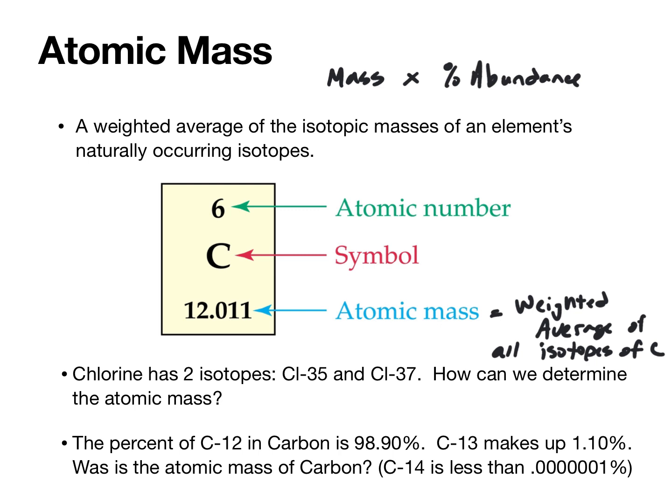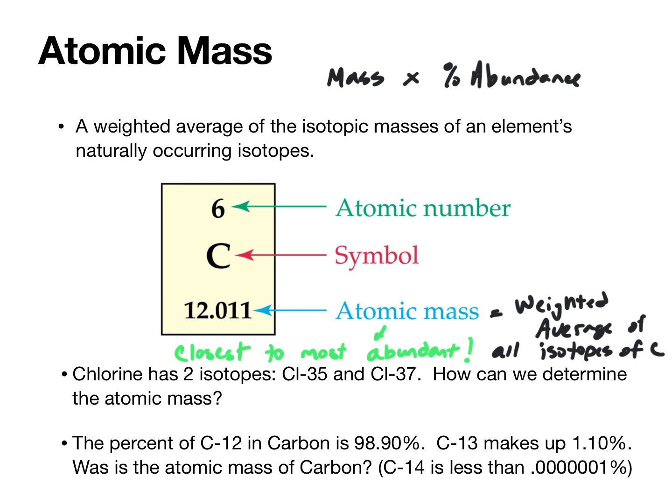And you will always be given the percent abundance data or be given the means to find the percent abundance data. So you don't ever have to worry about guessing at what isotope is more abundant. But what you'll notice is that the average is closest to the most abundant isotope of that element. So let's say, for example, we look at carbon and we know that its average is 12.011.